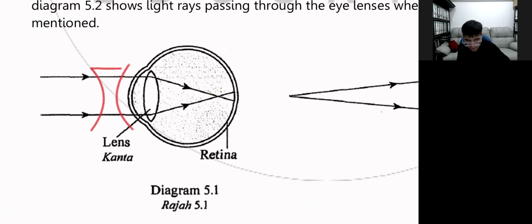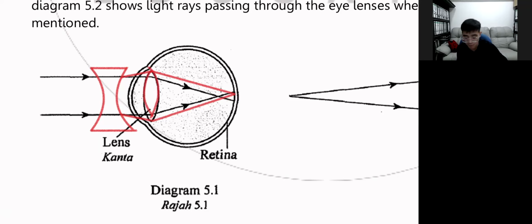When they wear a concave lens, you have to show the light rays will diverge a bit. Light rays from the original path will diverge a little. After diverging, the light rays pass through our eye lens, and our eye lens is a convex shape. Can you see?